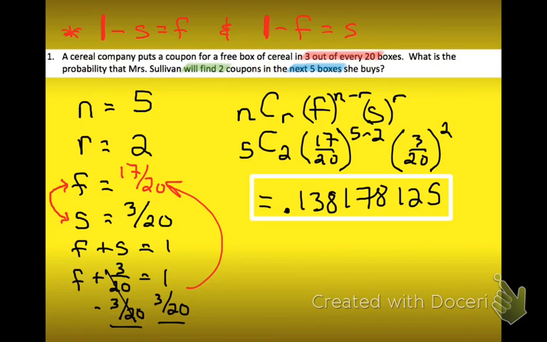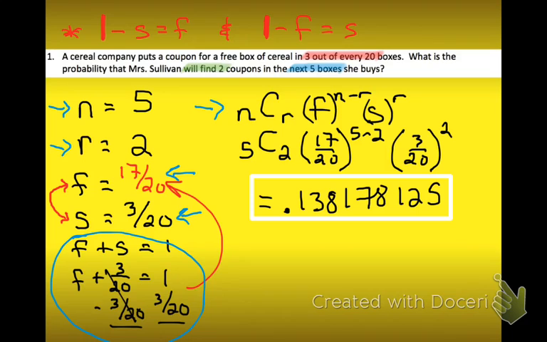To recap real quick, you find the number of trials, you find the number of successes. They will give you one of the two probabilities that you need. In this case, they gave us success. We use this little subtracting trick to find our other probability, and then you plug it in. After that, it's just plugging it into a calculator, which is pretty straightforward.